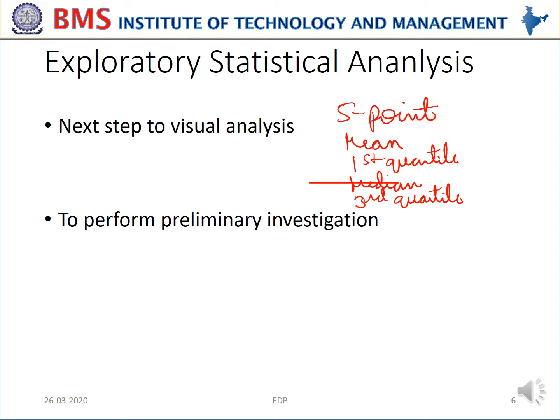And also it gives us details about the mode. This is called a 5-point summary, which will help us to explore the characteristics of that particular data element. And also it helps us to perform the next level of preliminary investigation. So one could calculate these measures separately for each of the parameters to see whether there are any interesting patterns present, like sales are high during festival seasons, etc.